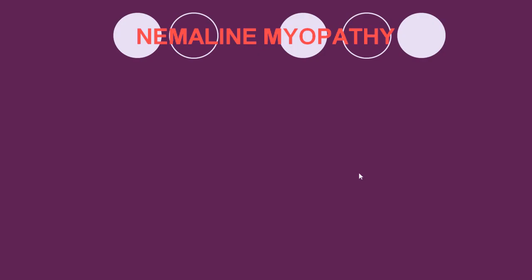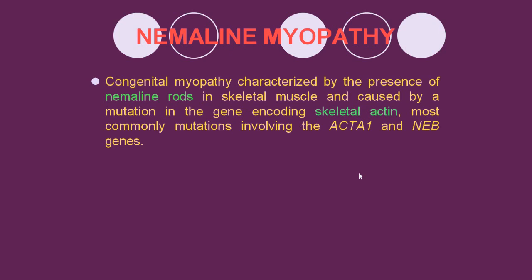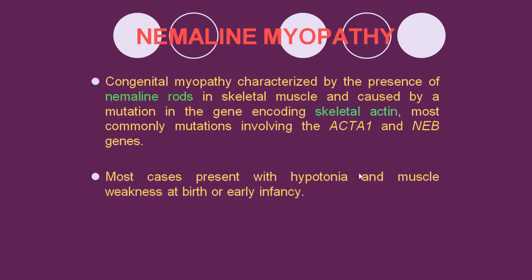Nemaline myopathy. This is the second congenital myopathy we discuss now. Congenital myopathy characterized by the presence of nemaline rods in the skeletal muscle and caused by a mutation in the gene encoding skeletal actin. Most commonly, mutations involve the ACTA1 and NEB genes.